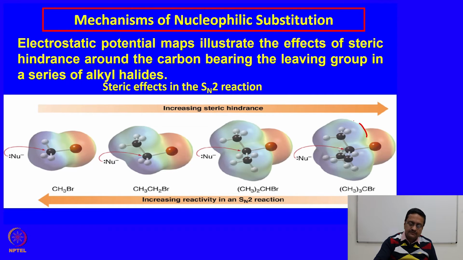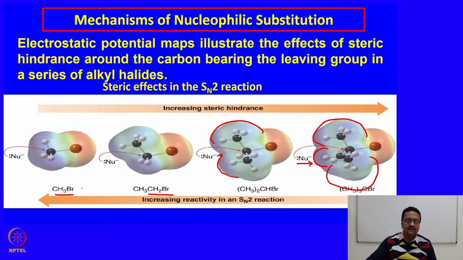When you have 3 methyl groups, they are very bulky, and the back side is totally blocked, and hence the nucleophile does not get a chance to enter. When you have 2 methyl groups, the back side still has a little bit of entry. So, it is possible that a nucleophile can attack these 2 degree alkyl halides, and the reaction takes place over a much longer period of time. Whereas for 1 degree halide or methyl halide, this reaction happens almost readily.